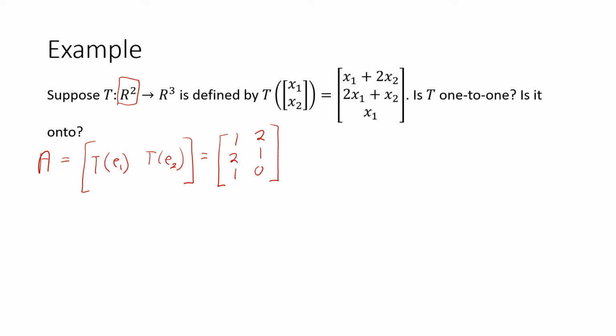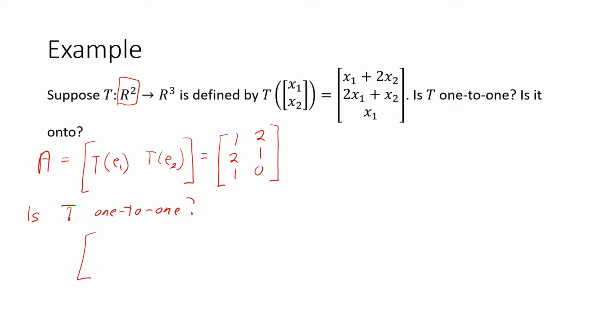Now, is T one-to-one? In other words, if I take my matrix augmented with zeros, am I going to be able to combine these columns to get a solution that is non-zero?